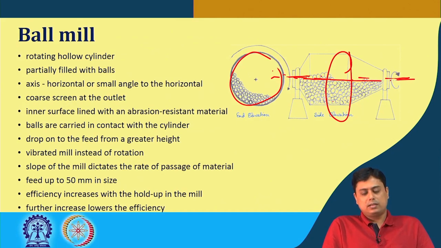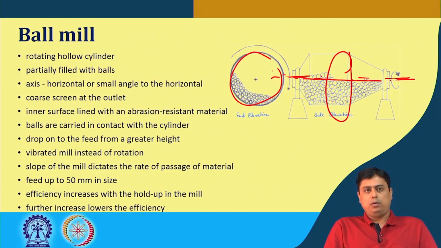Sometimes this mill is vibrated instead of rotated. So, instead of this rotating ball mill, nowadays there are some popular applications of such a mill containing the balls inside in a vibrating motion.